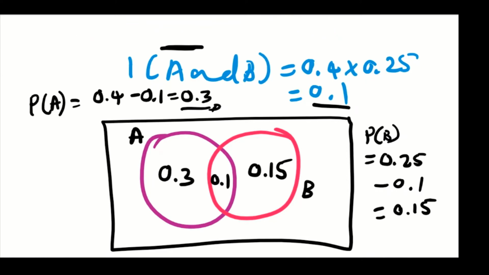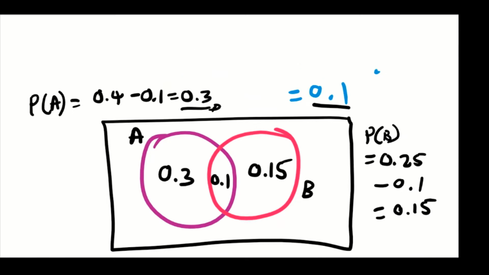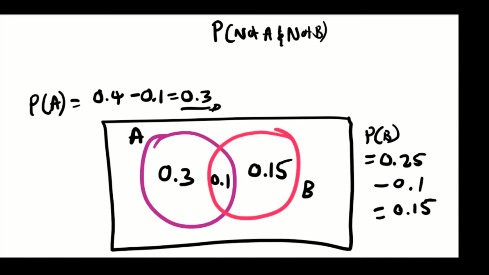And then we want the probability of not A and not B, right?